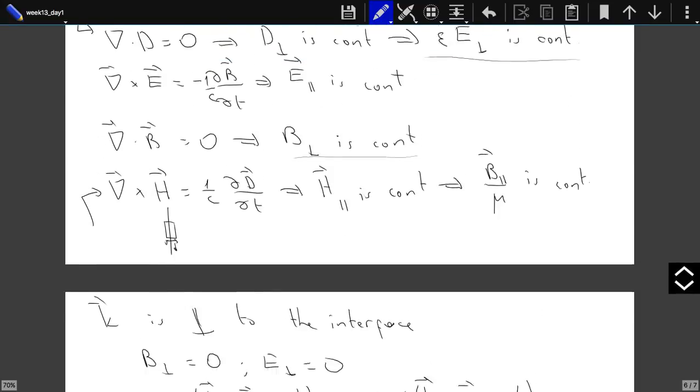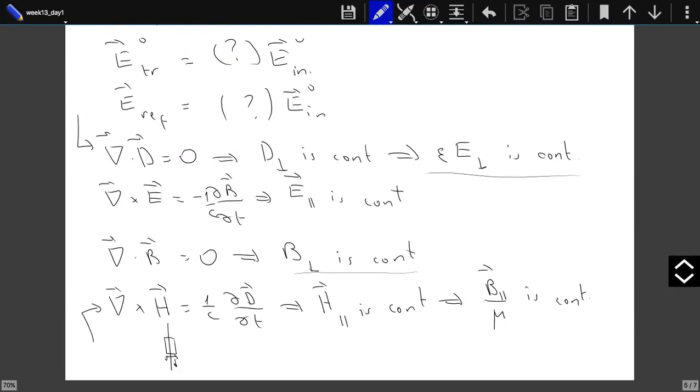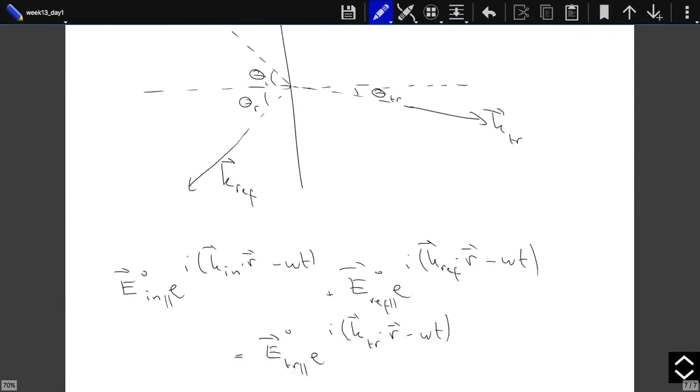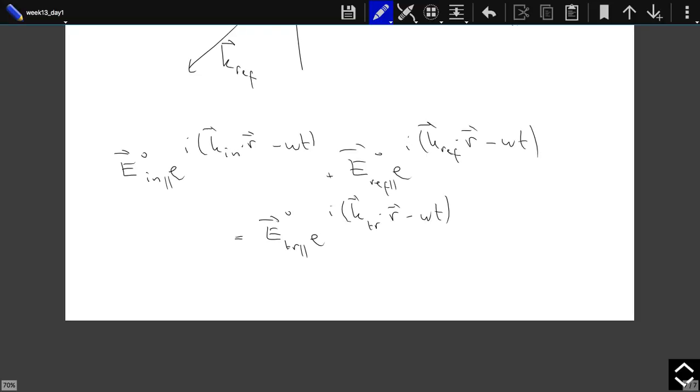You see, let's go back. So these are our conditions. And in deriving these conditions, we didn't use anything, we didn't even make any assumption that E and B are part of a plane wave. These conditions should always hold. And so E parallel is always continuous. So this condition over here for the parallel components of the electric field should always hold at every point on the interface at all times.